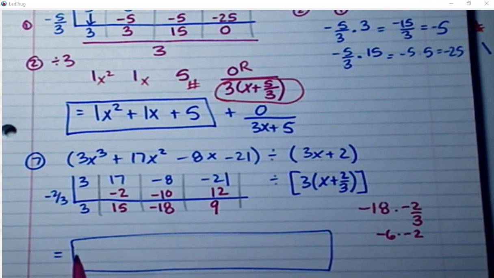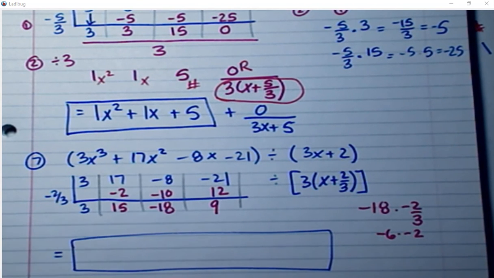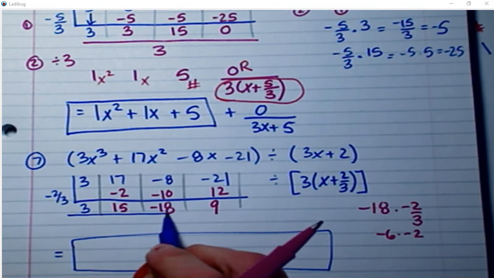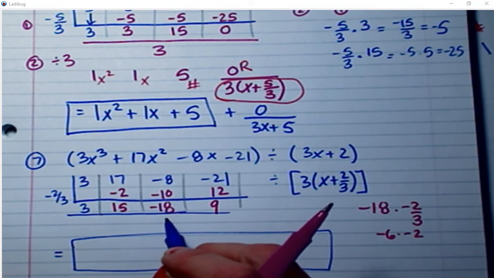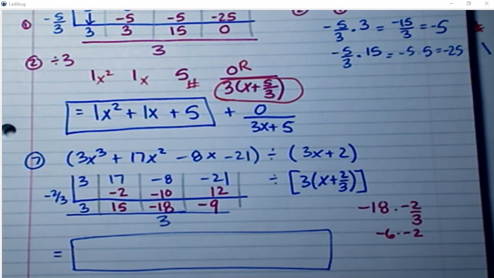Switch it around, whatever you've got to do. Now I have to divide by 3, and I have to write in the x's. Negative 3? Yes, thank you. Negative 9.